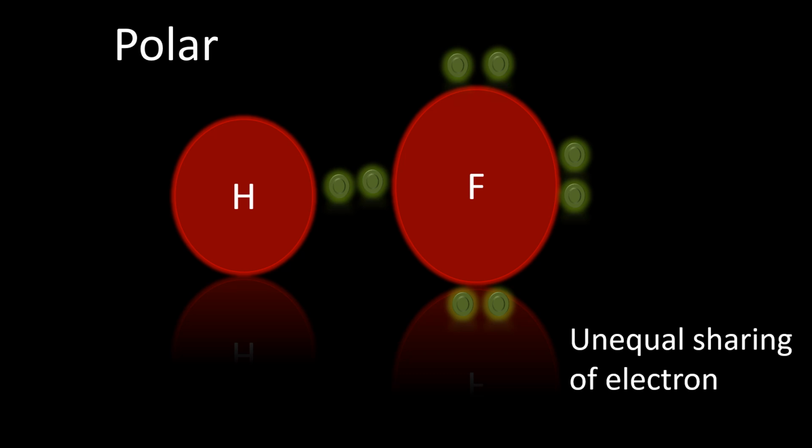Such molecules are called polar molecules. The hydrogen is partially positive because its electron cloud is towards the fluorine as compared to the hydrogen atom, while the fluorine side is partially negative.